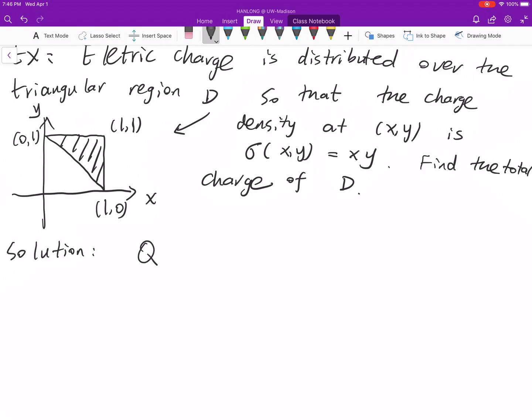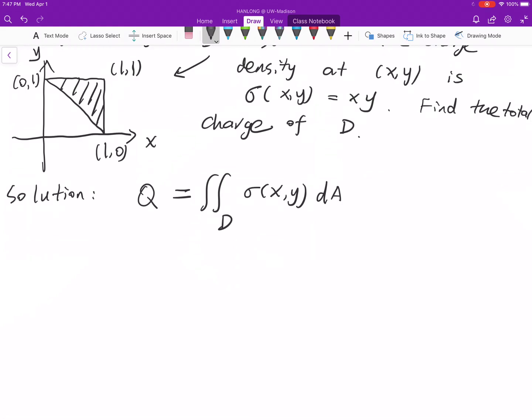So the total charge is given by the integration over the region D of the function sigma(x, y). And if you look at the picture, you can view D as a type 1 domain or type 2 domain.